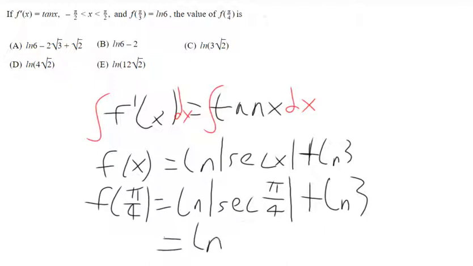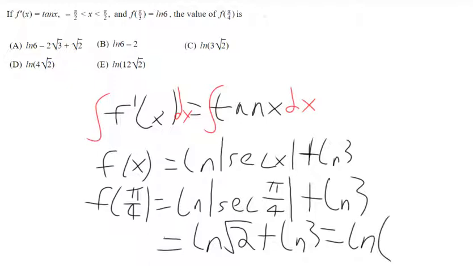And secant of pi over 4, if you draw your right triangle, you should get that it is the square root of 2, and then the natural log of the absolute value of the square root of 2 is just the natural log of the square root of 2, and plus natural log of 3. And again, because you have the sum of two natural logs, you can combine them and write it as the natural log of the product, 3 times the square root of 2. I'll do it in the order that they give in the answer choices, so that we find out that the answer is choice C.